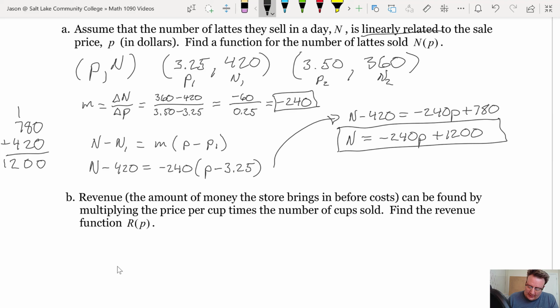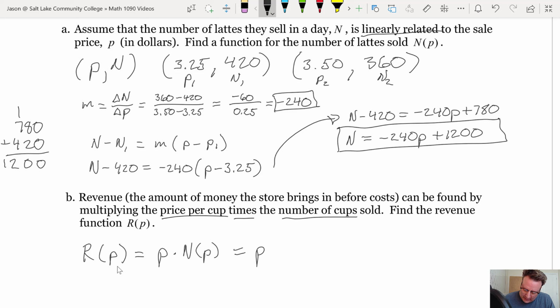And again, they tell us that revenue is obtained by multiplying the price per cup times the number of cups sold. So in other words, R, revenue as a function of price, is going to be the price times the number of cups sold. But this is a function of P. It also depends on price, doesn't it? So let's expand this out.